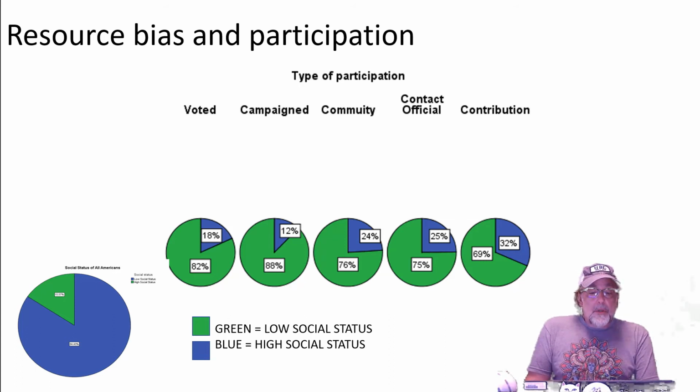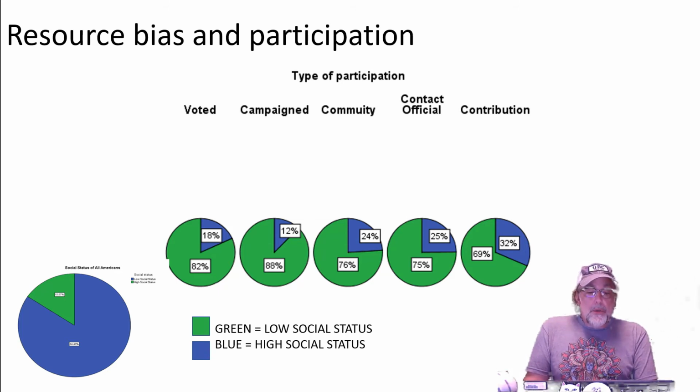When it comes to campaigning, low social status individuals make up about 85% of the population, and about 88% of those who got engaged in a campaign. So again, pretty close to representative. From there on out, that's where we see the resource bias begin to increase.